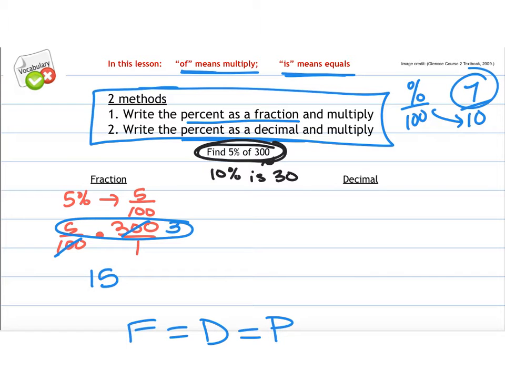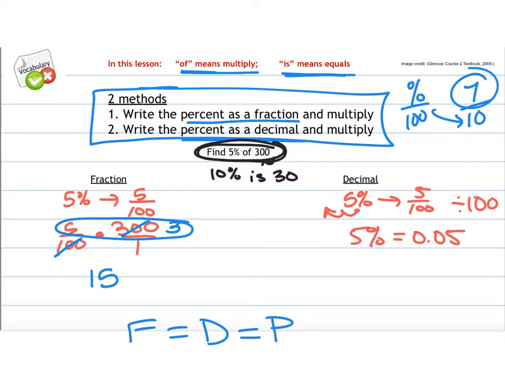With a decimal, you can do another strategy also. Remember changing your percent to a decimal. Since I know that percent is the same as per 100, that's the same as dividing by 100, or moving my decimal two places to the left. So 5% is the same as 5 hundredths, 0.05.